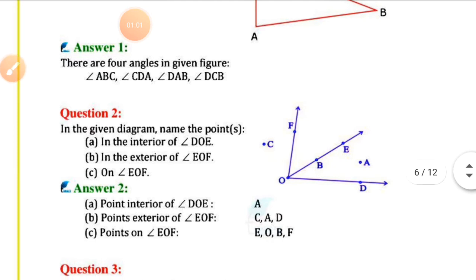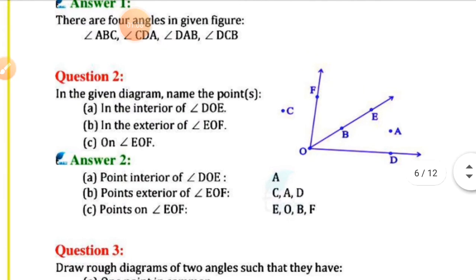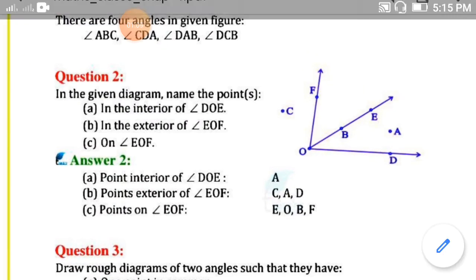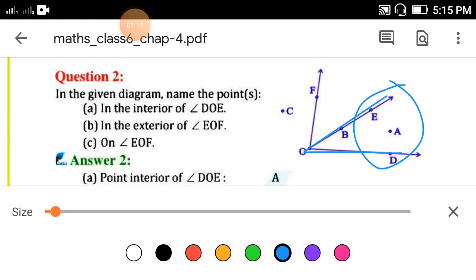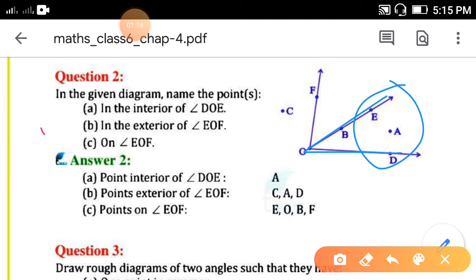Now question number 2, a diagram is given. You have to name the points. First of all, in the interior of DOE. So here DOA, in the interior there is A. Second one, in the exterior of EOF. Here EOF, so which points are outside?